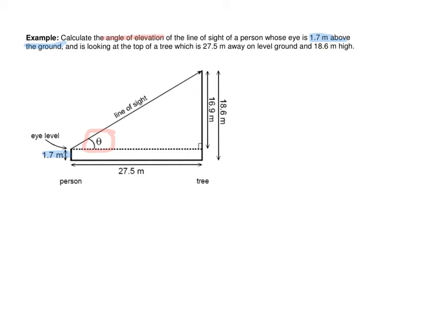We're looking at a tree. So for context, we've got a tree over here. And that tree stands a total of 18.6 meters tall. Okay? And we're told that that tree is 27.5 meters away, so there's the base of our triangle.